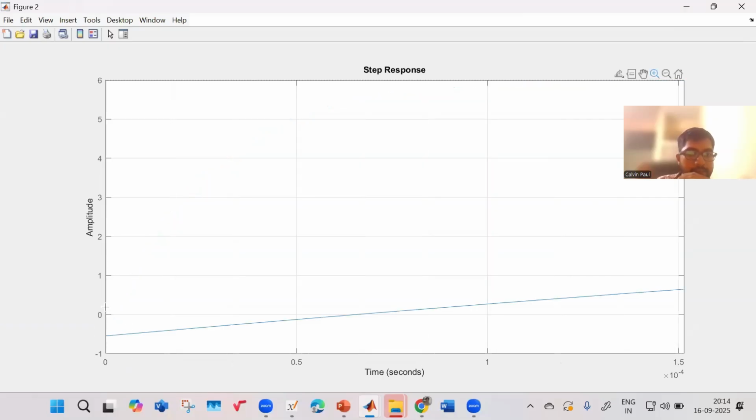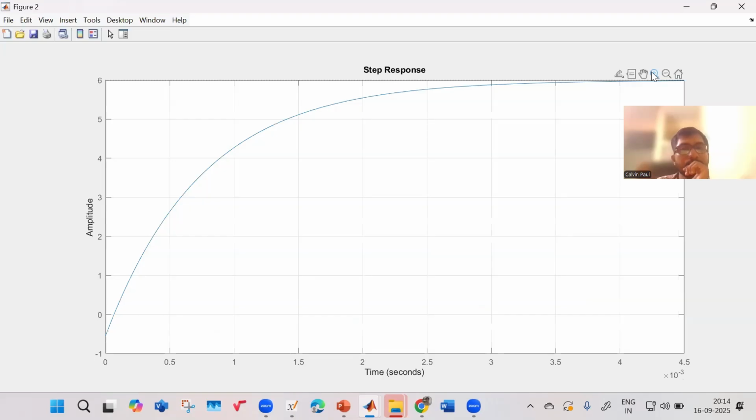It is not starting at 0. I'll check this and see, but usually what will happen is it will start from 0, it will dip and then go up. Here instead, MATLAB is plotting it as though it is starting from a negative value and then going up. This part I'll have to see.